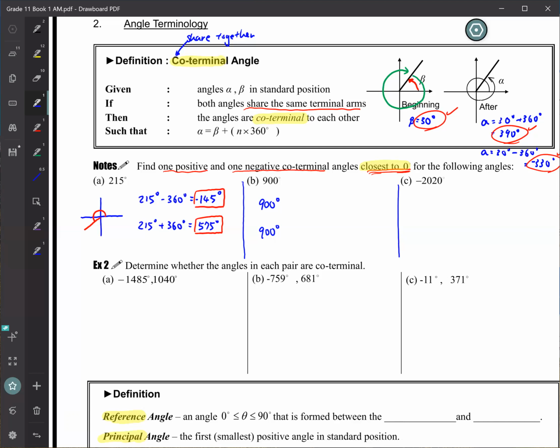Does anyone have questions about how to get the positive and negative coterminal angles?